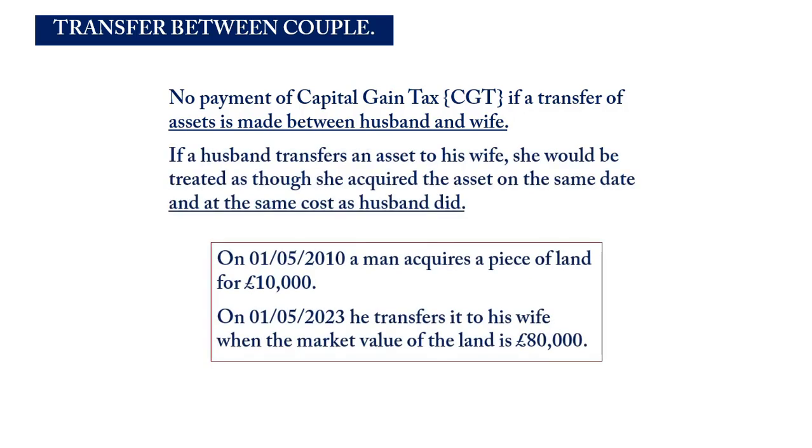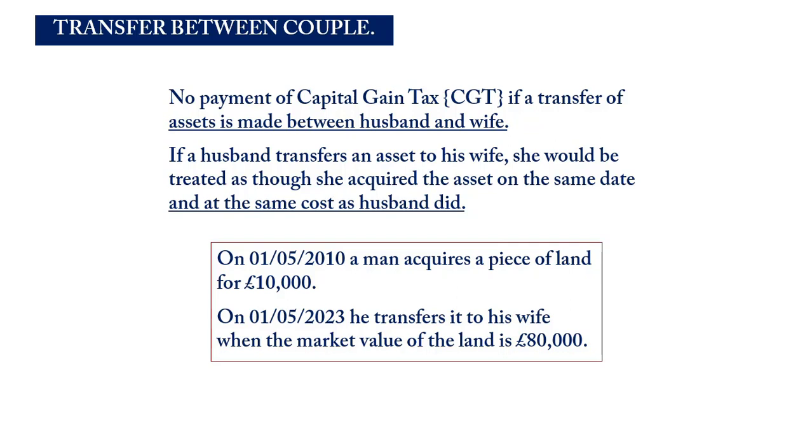So if the husband transfers an asset to the wife, let's say the asset was bought on 1st January 2010 and was transferred to the wife on 1st January 2024. The wife will be deemed to have bought the asset at the time that the husband paid for it. We are not going to deem it as the wife getting the transfer at the current date.